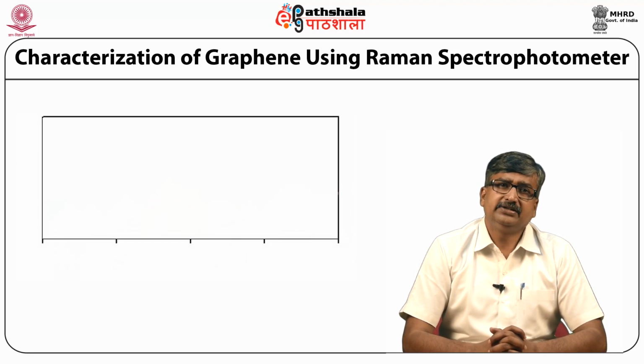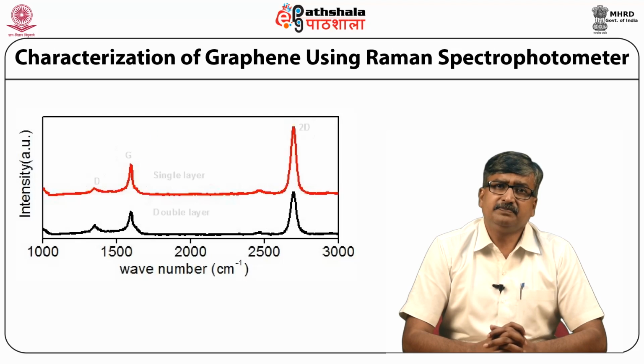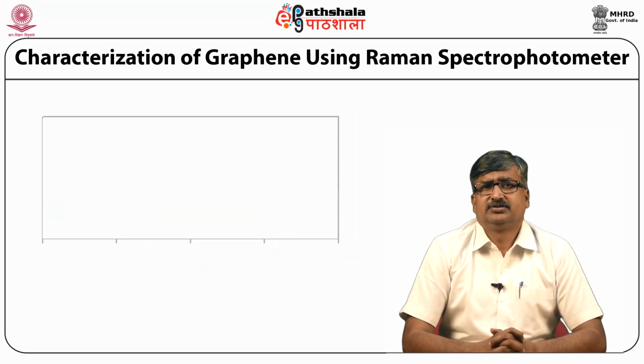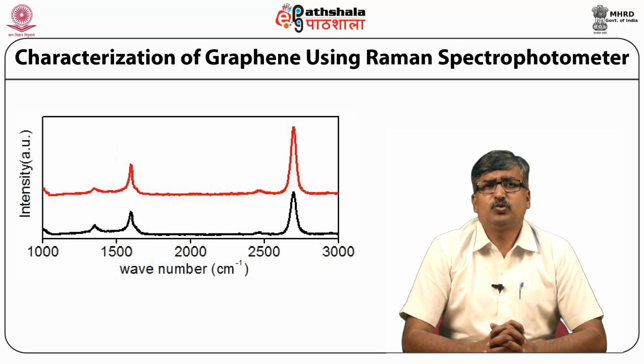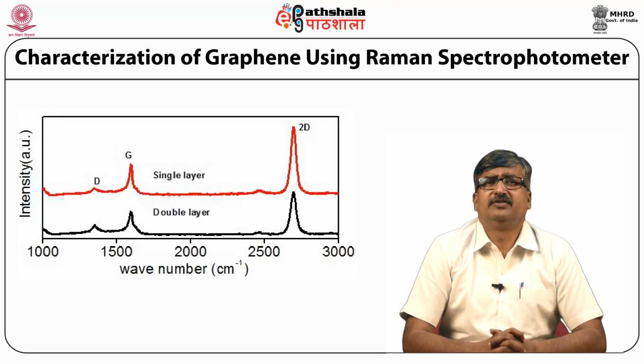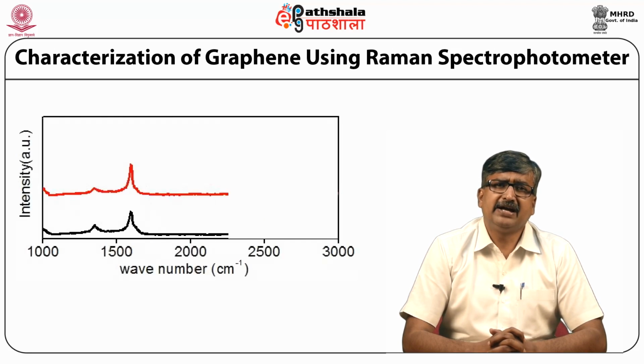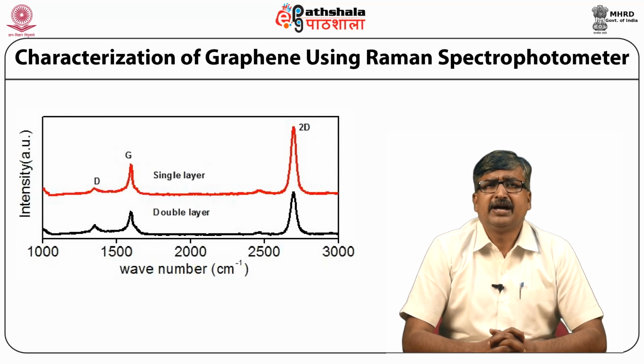The 2D band is the final band that will be discussed here. The 2D band is the second order of the D band, sometimes referred to as an overtone of the D band. It is the result of a two phonon lattice vibration process. But unlike the D band, it does not need to be activated by proximity to a defect.